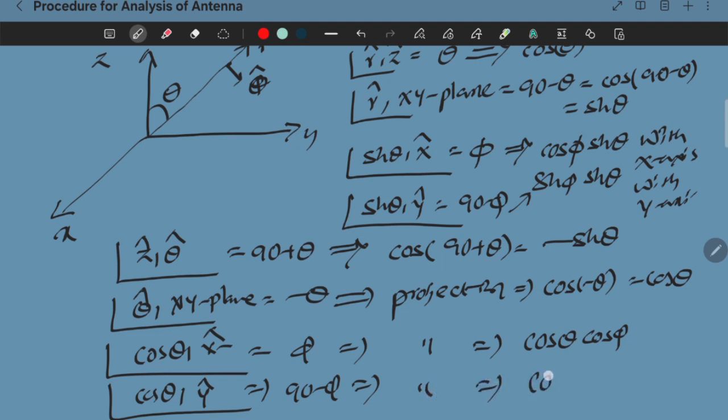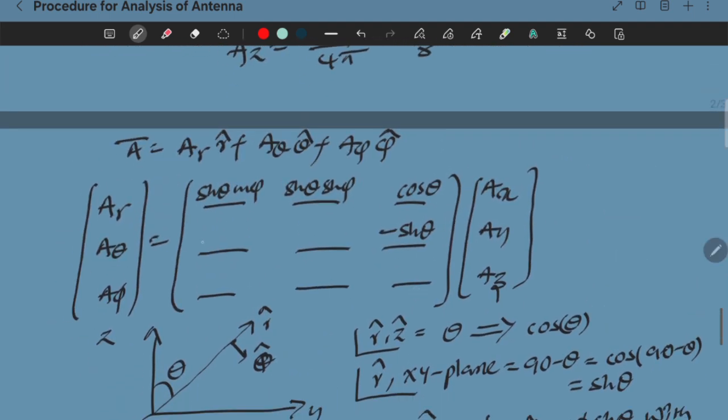The projection will be cos theta cos of 90 minus phi, that is cos theta sin phi. Okay. So here I can write now cos theta cos phi, cos theta sin phi.